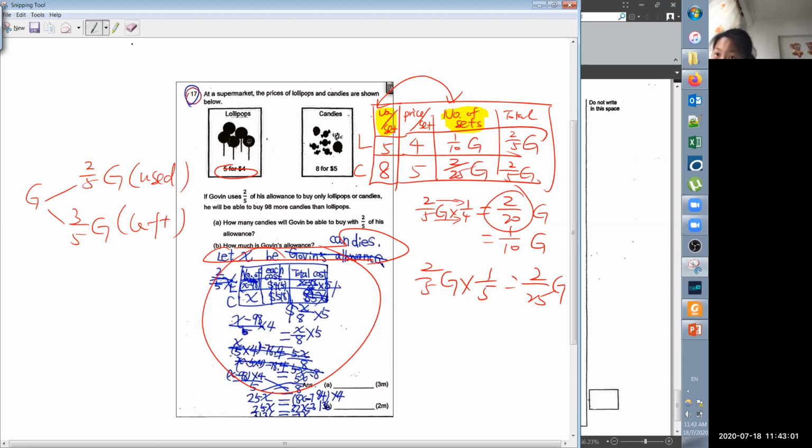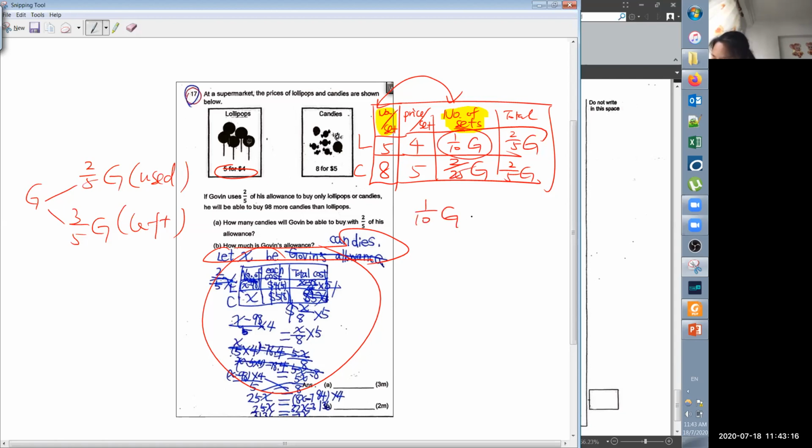Now the question is very simple already. You can find out how many lollipops you have. You take this 1/10 G and times 5, because one set is 5. 1/10 G times 5 is 1/2 G. Why times 5?